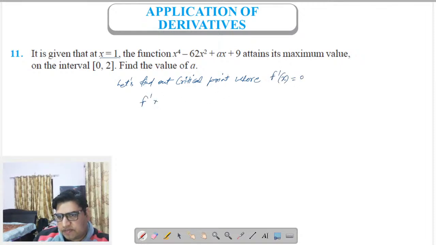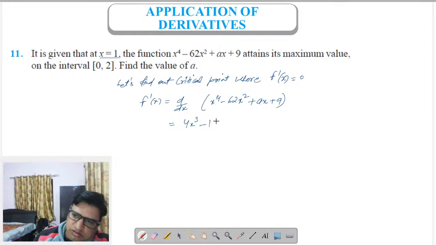So guys, as we know, f'(x) is equal to d by dx of x to the power 4 minus 62x square plus ax plus 9, and how much will that become? 4x cubed minus 124x plus a, and that should be 0. And it is known to us that it will attain its maximum value at x is equal to 1, and this is the point inside the interval.